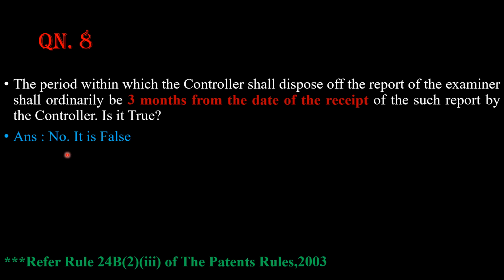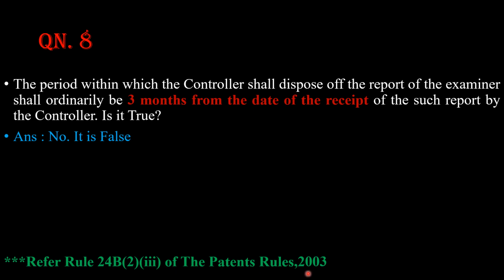This is false, because the question says the period within which the controller shall dispose of the report of the examiner shall ordinarily be 3 months from the date of the receipt of such report by the controller. Is it true? The answer will be no, it is false. For this, please refer to Rule 24B Sub-Rule 2 Clause 3 of the Patents Rules 2003.